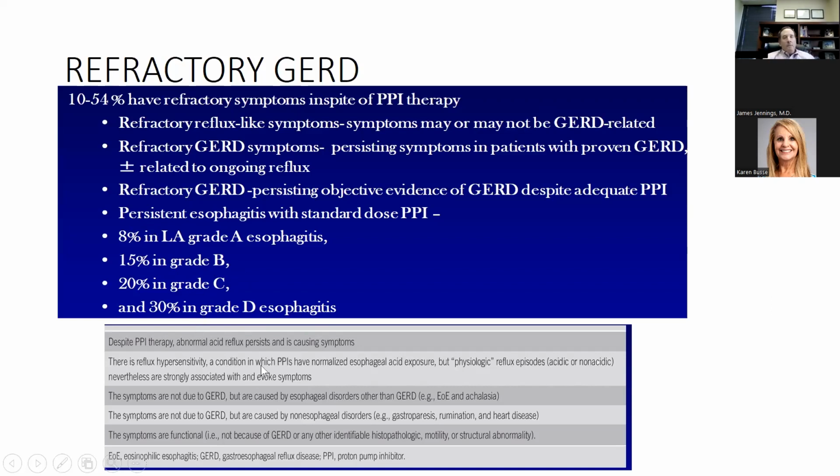So if you have a patient that had suboptimal response to PPI, we did an EGD, and again, we saw the moderate to severe esophagitis, those are the ones that are going to be a little bit more challenging to treat, and they may not get treated adequately with medications alone.